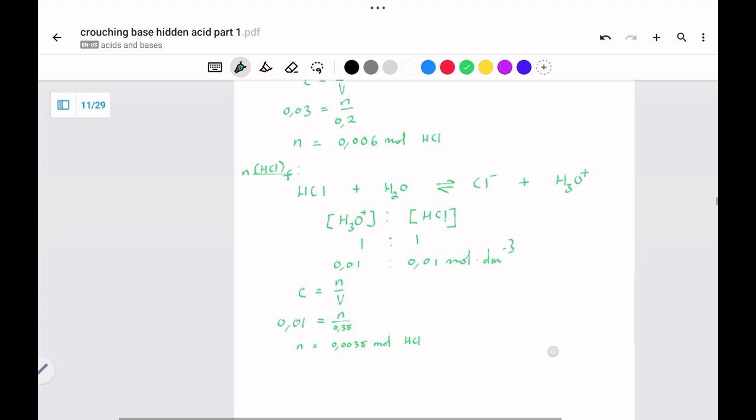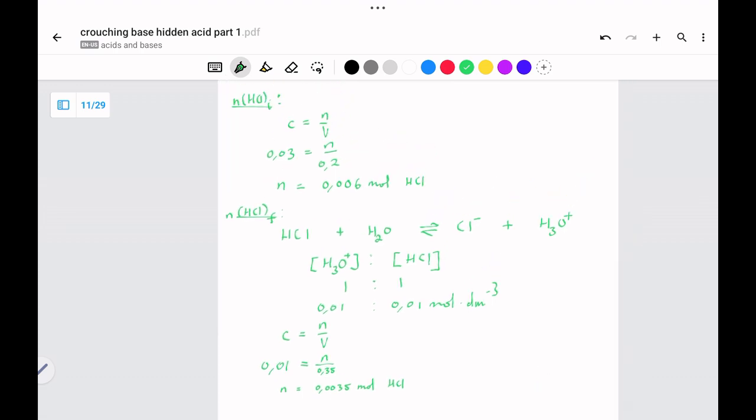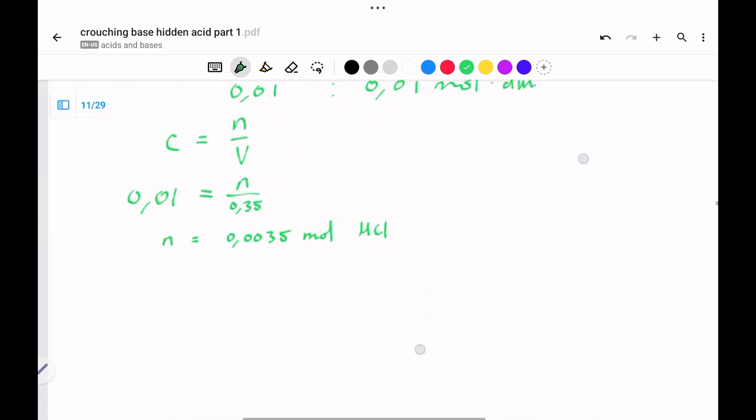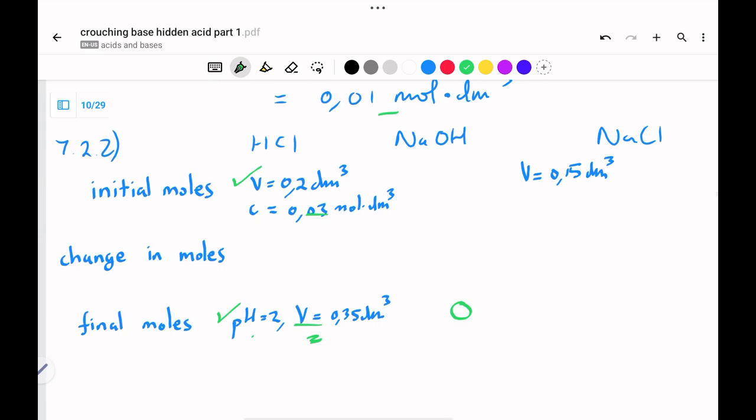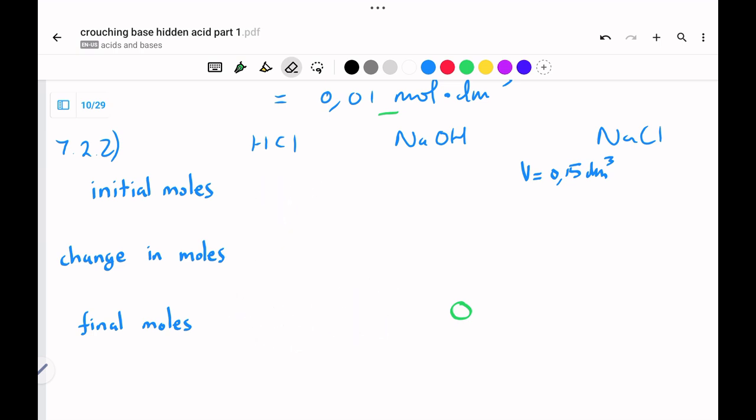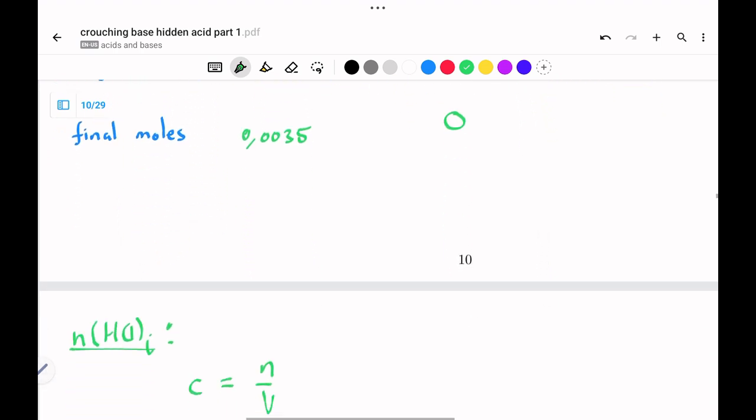Okay, so we have the initial moles, we have the final moles. Now, if we have a look at our table, we have this number, we have this number. They seem to have changed color. We're going to calculate the difference.